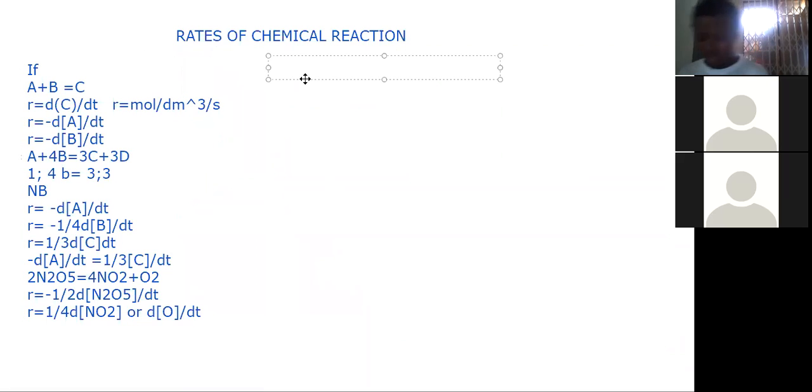So the question reads, consider the reaction 3A plus half B maps to 2C.